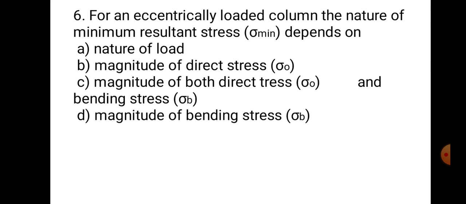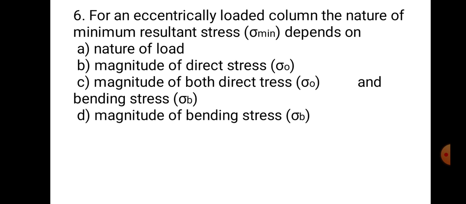Question number 6. For an eccentrically loaded column, the nature of the minimum resultant stress, sigma minimum, depends on A. Nature of load, B. Magnitude of direct stress, C. Magnitude of both direct stress and bending stress, and D. Magnitude of bending stress.